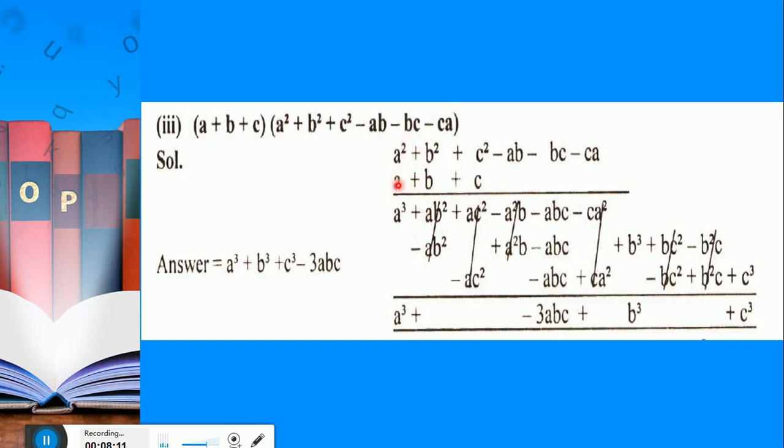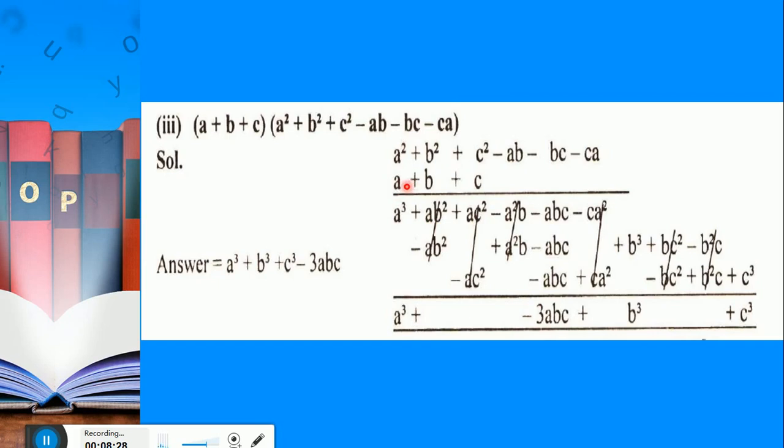We will multiply this a with each term of this polynomial. a into a square is a cube. a multiplied by b square is ab square. a multiplied by c square is ac square.